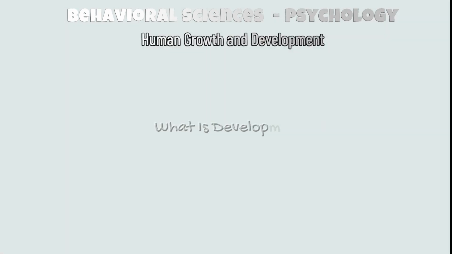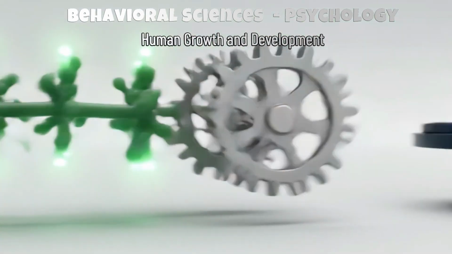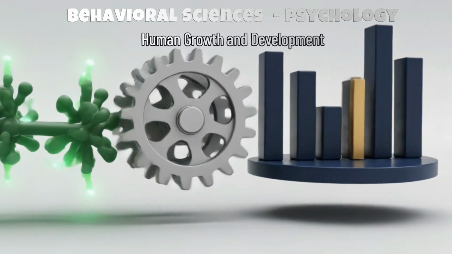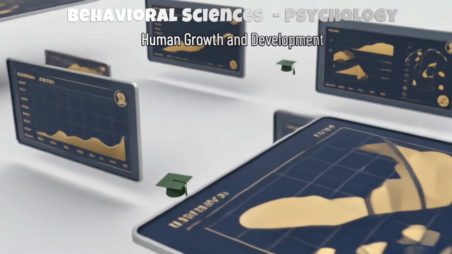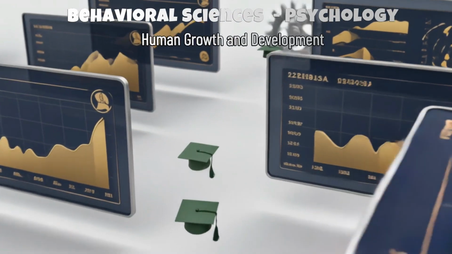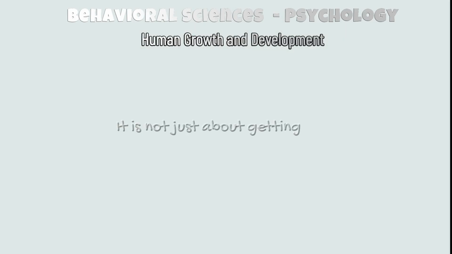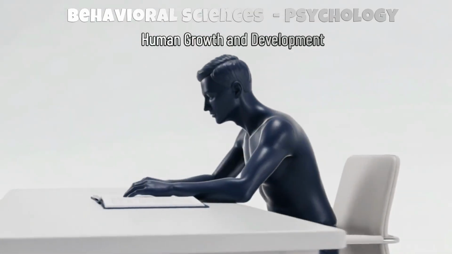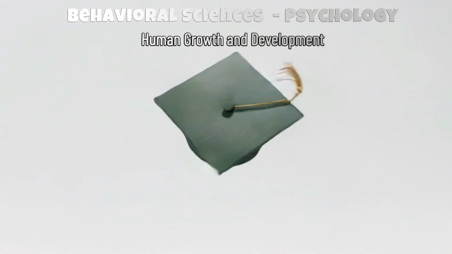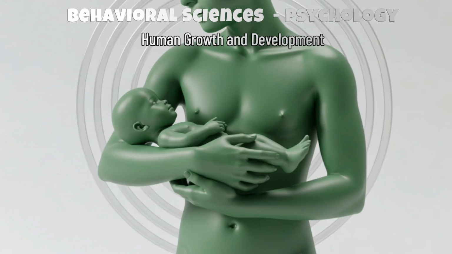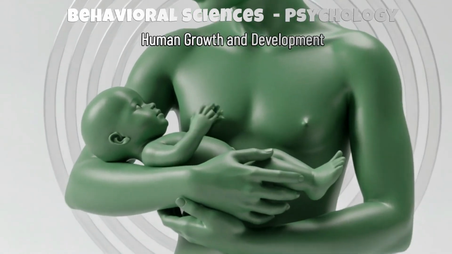What is development? Now, development is a deeper, more complex concept. Development refers to the progressive changes in function, skill, and ability that happen as a person matures. It is not just about getting bigger, it is about getting better, more capable, and more complex. For example, a baby starts by making random arm movements.